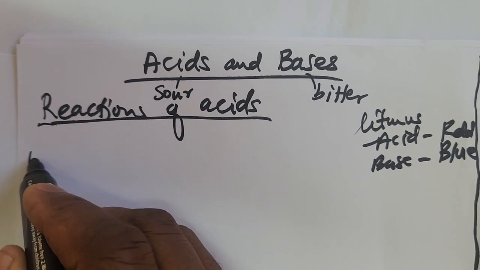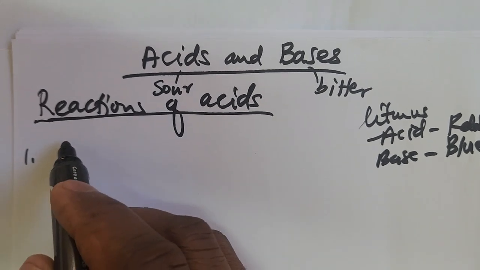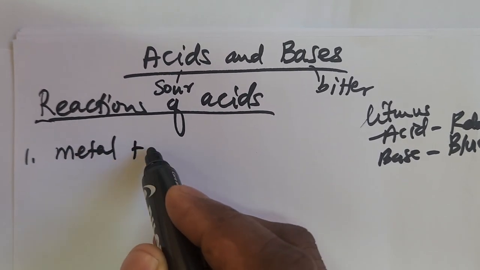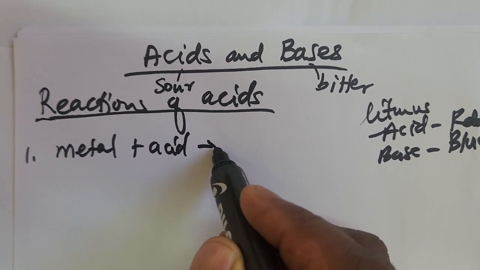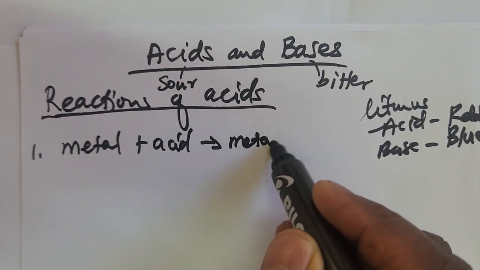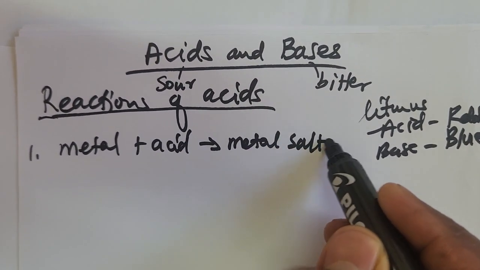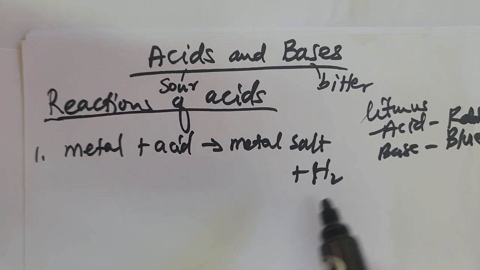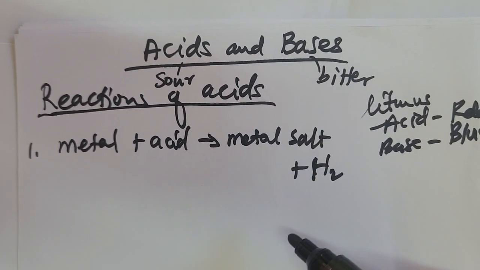But the most important one was the reaction where a metal reacts with an acid, it will form metal salt plus hydrogen. In the laboratory, if you want to form hydrogen, you have to react an acid with a metal.